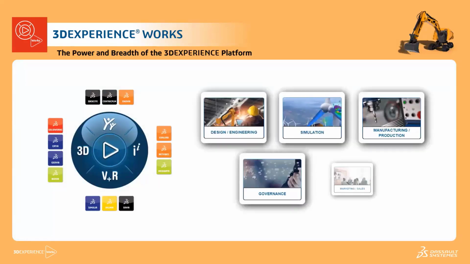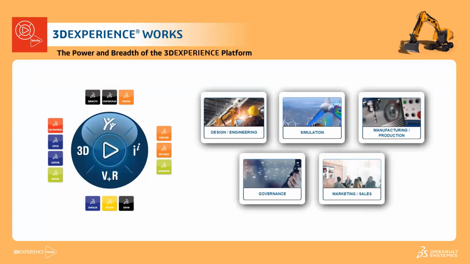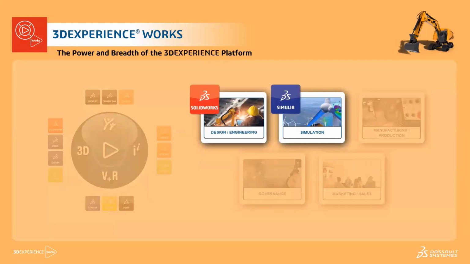So the main domains we cover with our solutions are for sure the design with SolidWorks, with Catia, for example. We cover also a lot the simulation with the Simulia brand. We can cover also the manufacturing and the production, the governance in terms of data management, and also we have plenty of tools, plenty of applications for marketing and sales, like the visualization of a product, etc. So here, the two domains we'll focus on today are design engineering with our regular SolidWorks and Simulia brands.